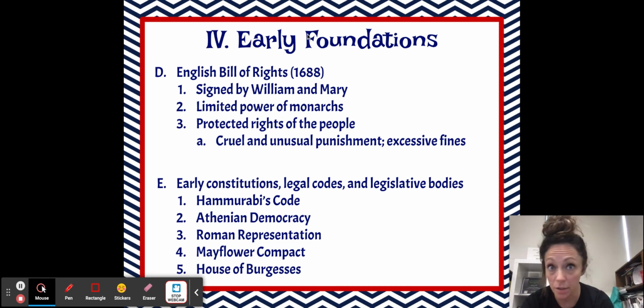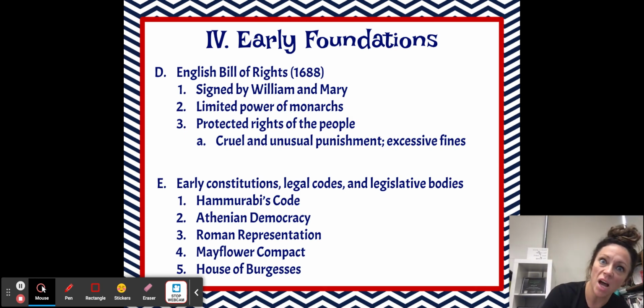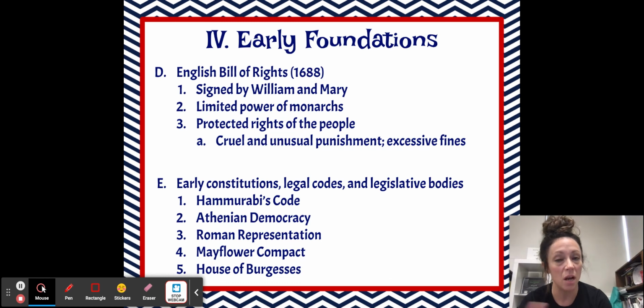So it was another document that limited the power of the king, but this is an important document because it actually protects rights of the people, okay? So it protects the people from things like cruel and unusual punishments, excessive fines, and things that probably sound a little bit familiar to our Bill of Rights, okay?